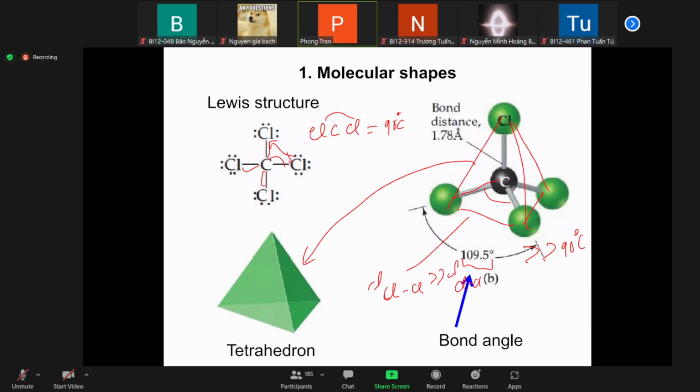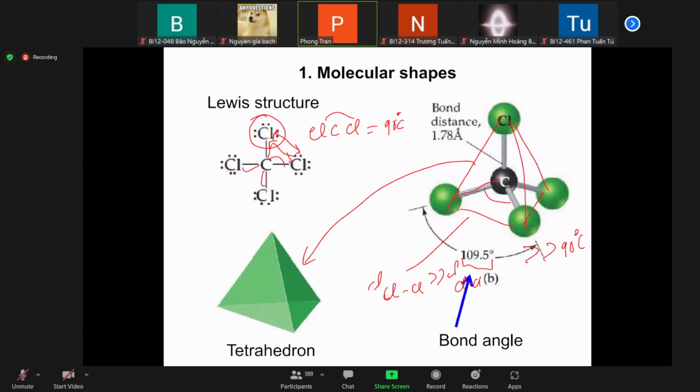And you understand that the chlorine here has 6 non-bonding electrons around it. So the electron density around this atom is very high, and the electrons have negative charge. So a longer distance between the 2 chlorines makes the molecule more stable, because the interaction between the 2 negative charge populations will be reduced.